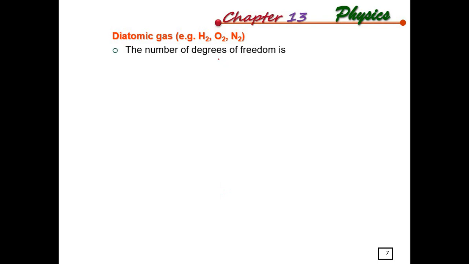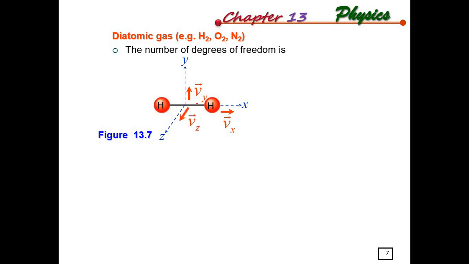For the diatomic gas, for example hydrogen, oxygen, and nitrogen, the number of degrees of freedom is, okay, look at the hydrogen molecule. This hydrogen can move in the X direction, Y direction, and Z direction also.